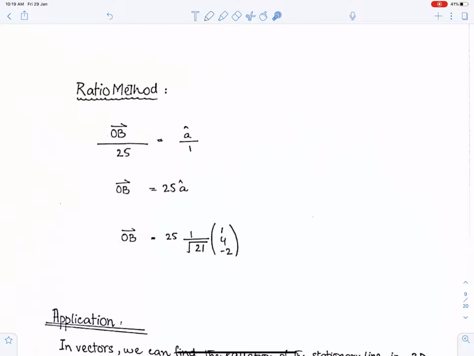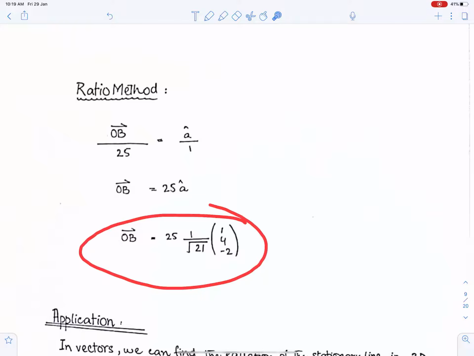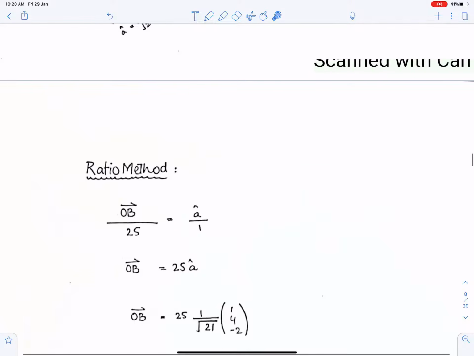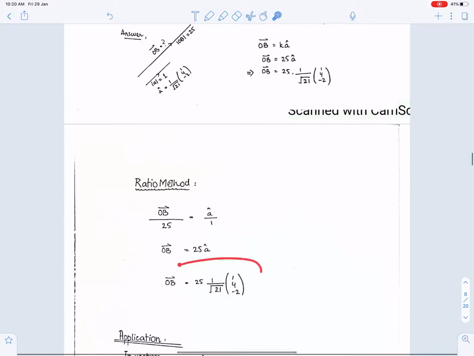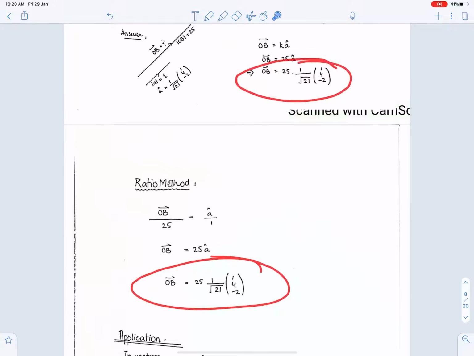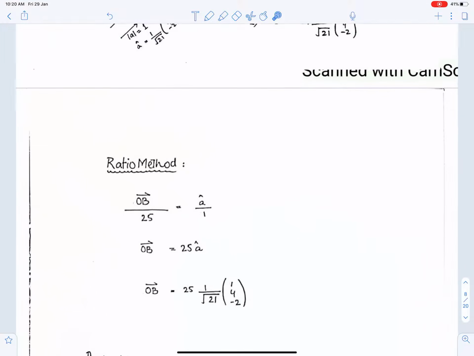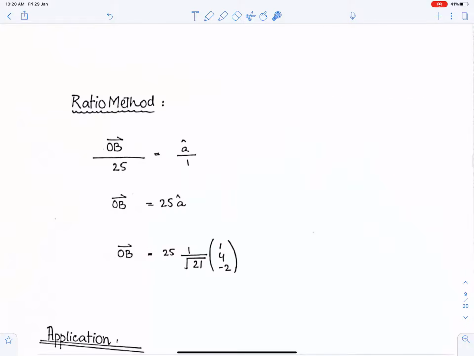So this will be the answer because we substituted the value of vector A here. Same answer. So you can use any method.